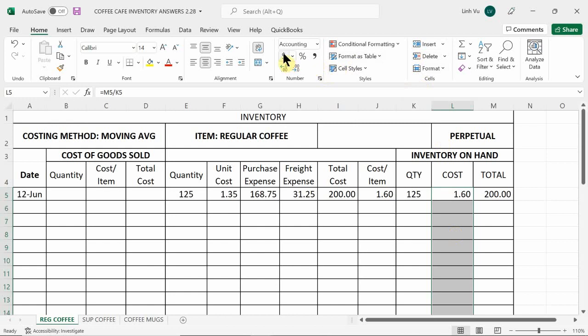And I'm going to expand this because we're going to get a lot of different, in this case, unrounded numbers. So we want to make sure we get a good track record of how our purchases affect my average cost and how my cost of goods sold also affects my average cost. So right now I moved it into inventory. I have a total of 125 units on hand and a total cost of $200.